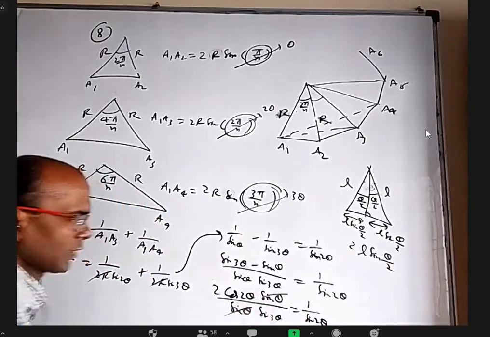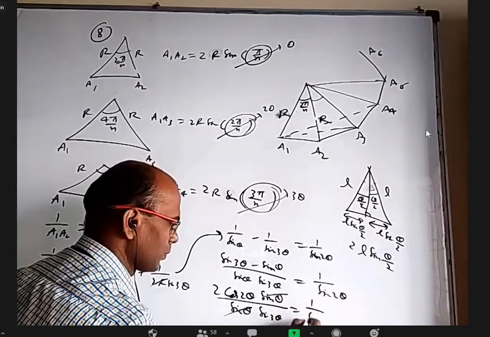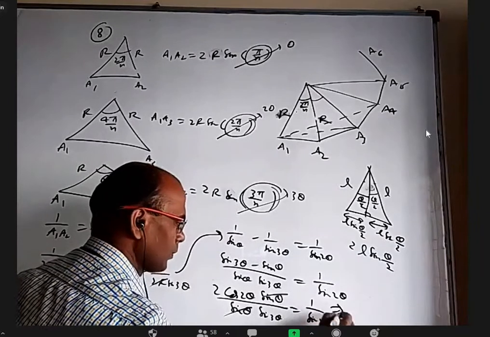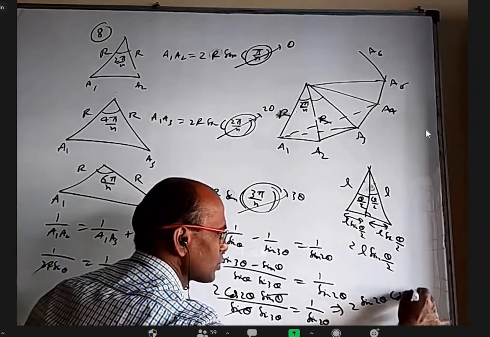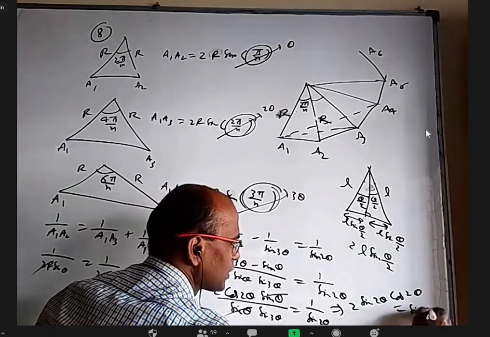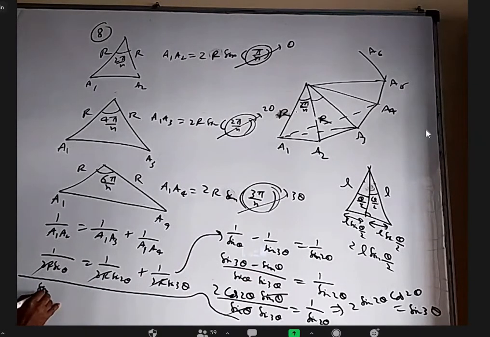Sine theta will cancel. When I bring this sine 2 theta here, I'll get 2 sine 2 theta cos 2 theta equal to sine 3 theta. Now that is going to be sine 4 theta equal to sine 3 theta.